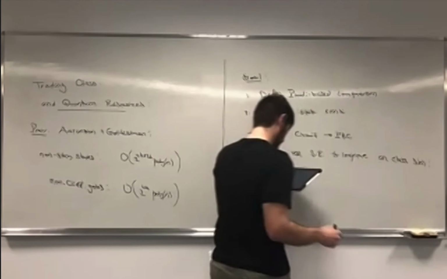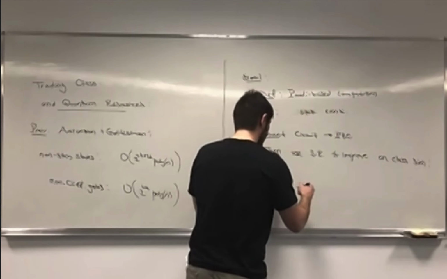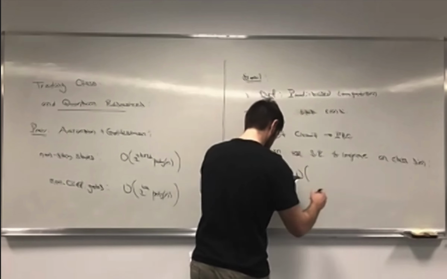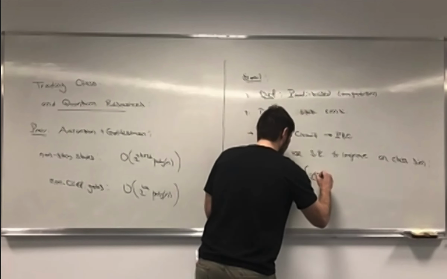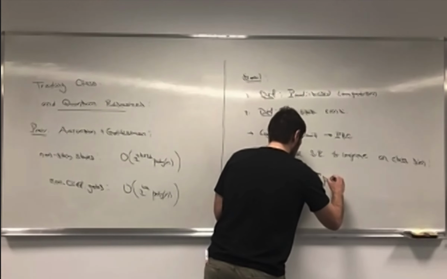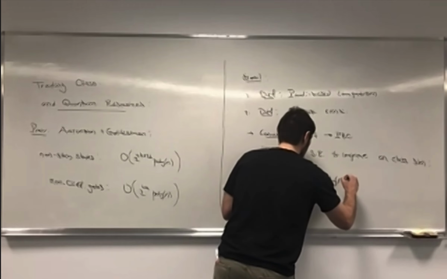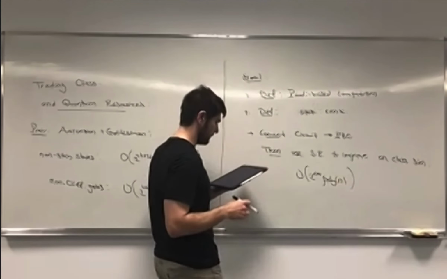In particular, they will give something of order 2 to the alpha m times poly n. I mean, this is probably the major result in my opinion.